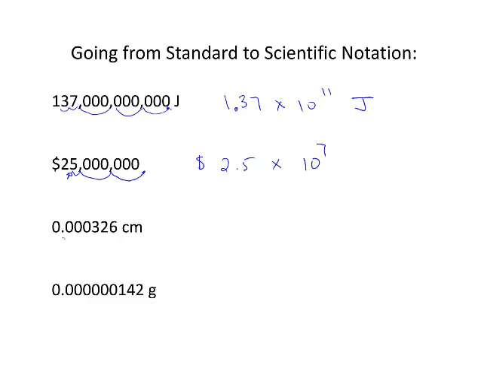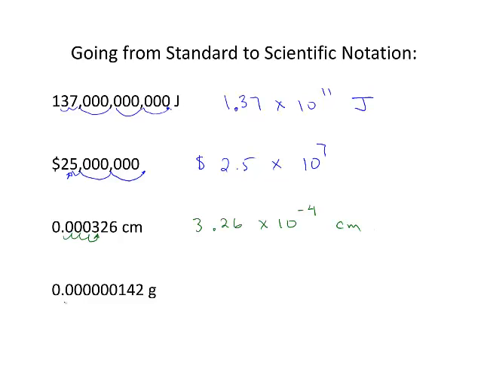So for example, here I need to move 1, 2, 3. I want to move until I'm just in front of the first digit, so in front of the 3. So I'm going to write this 3.26 times 10, and now since I had to go towards the smaller, I'm going to write it as a minus. I had to move it 4 spaces towards the smaller, so 10 to the minus 4 centimeters.